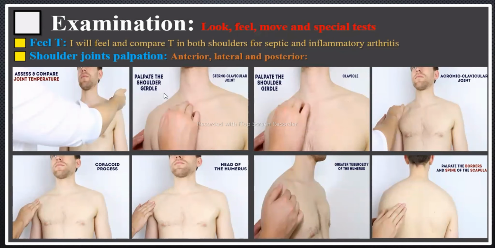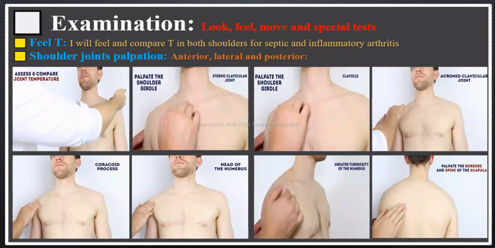Okay. After that, you will check for bones and tendons. So palpate the shoulder girdle. You will start with the sternoclavicular joint. Sterno means sternum and the clavicle, the junction between the sternum and the clavicle. After that, you will go for the clavicle. After that, the acromioclavicular joint. Once you touch this one and he has tenderness, what is the problem?